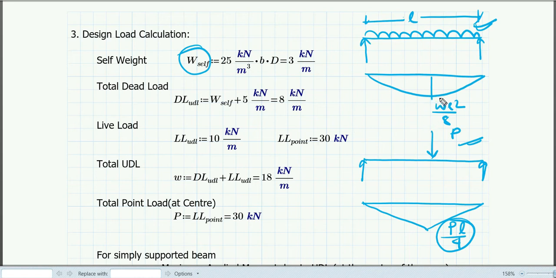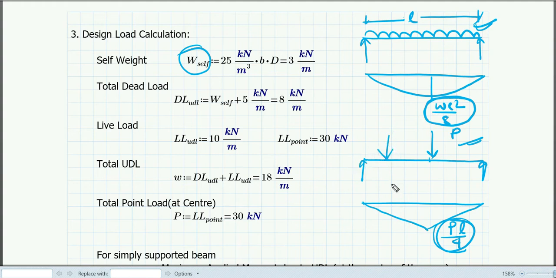So the design moment will be the addition of the moment due to UDL plus the moment due to the point load. Always remember, whenever there is a combination of load, in case of any building, you might find that there is UDL as well as a point load. The point load might not always be at the center, it might be somewhere near, suppose, one end.